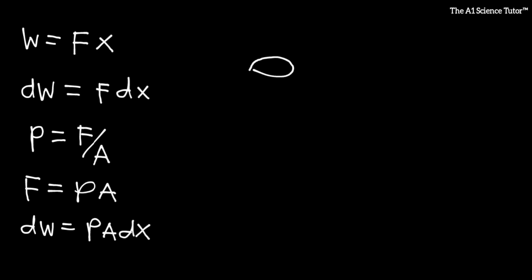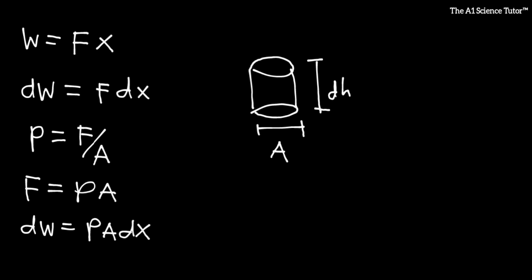If you have a cylindrical column like this, and you wanted to find the volume of it, this is the area of the circular surface, and if you wanted to find the volume of this, you need to multiply it with the height. Now the height, I'm just going to write it as dh. dh is the same thing as dx. So the volume of a cylinder is the area of the circular surface multiplied by the height.